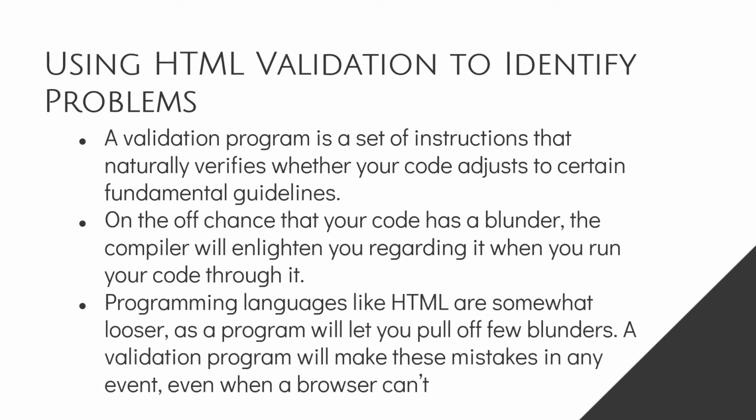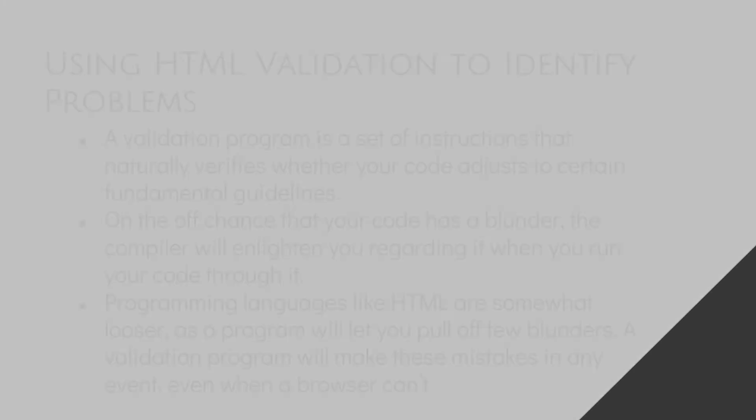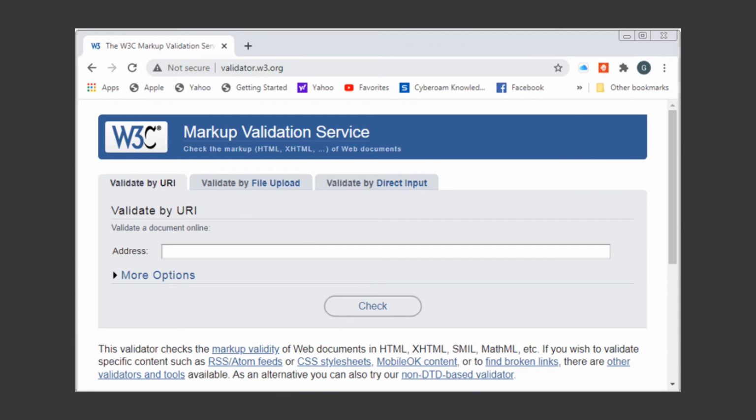If your code has an error, the compiler will inform you about it when you run your code through it. You can type the link of the website, upload the HTML file, or paste the code directly by clicking the Validate by Direct Input.